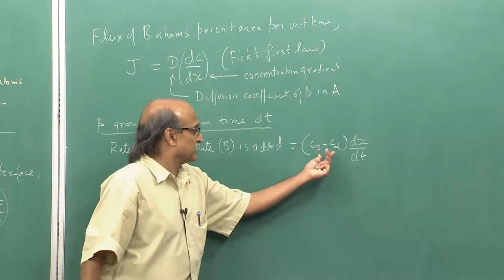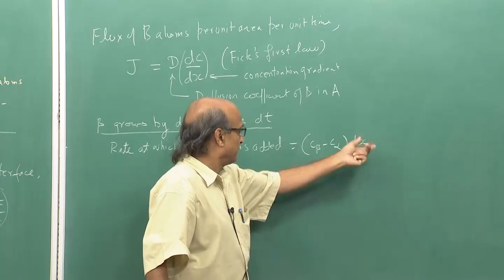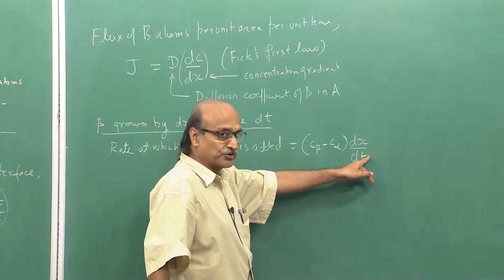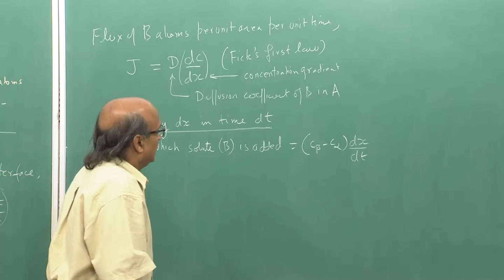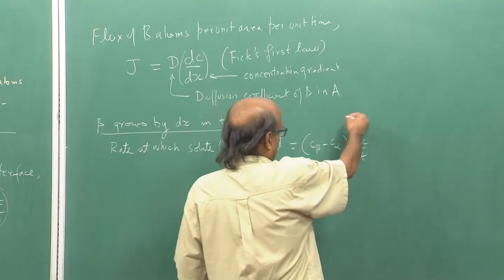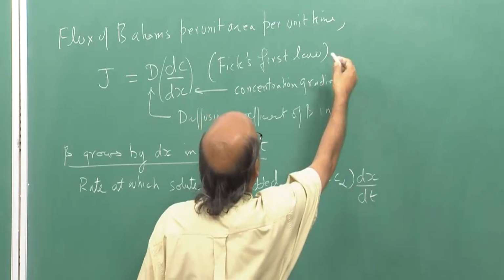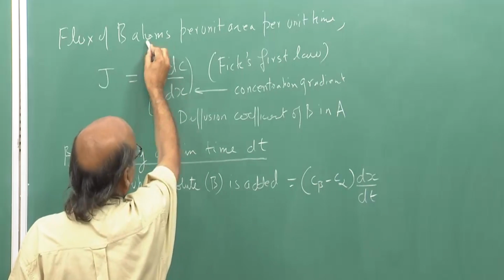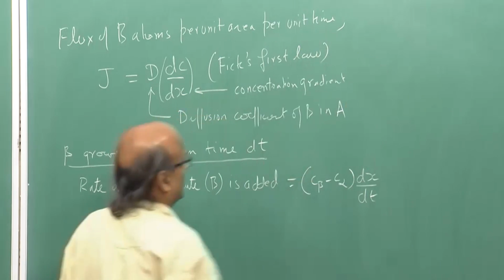So, the concentration, let us say, is in moles per unit volume multiplied by the velocity of the interface dx by dt, and the units for this would become flux of B atoms in moles per unit area per unit time.